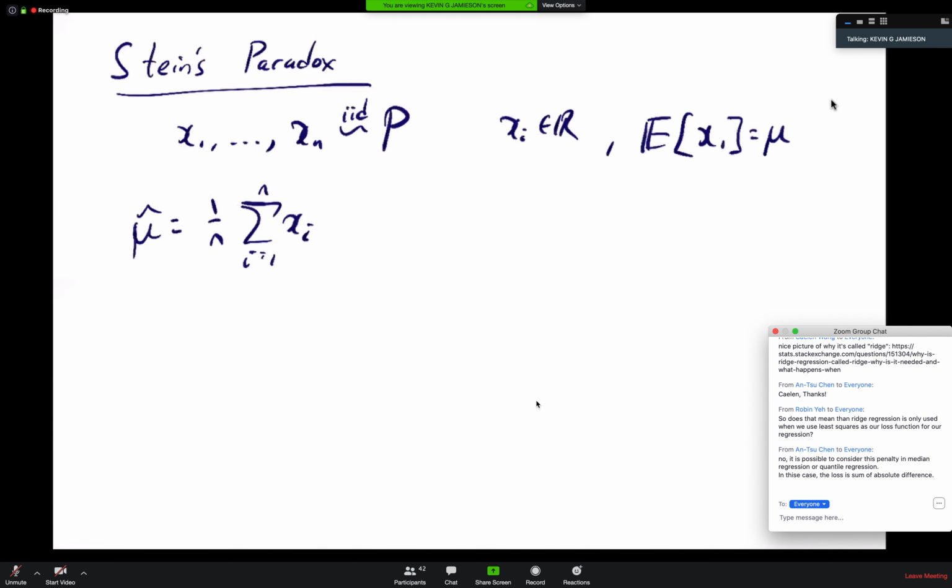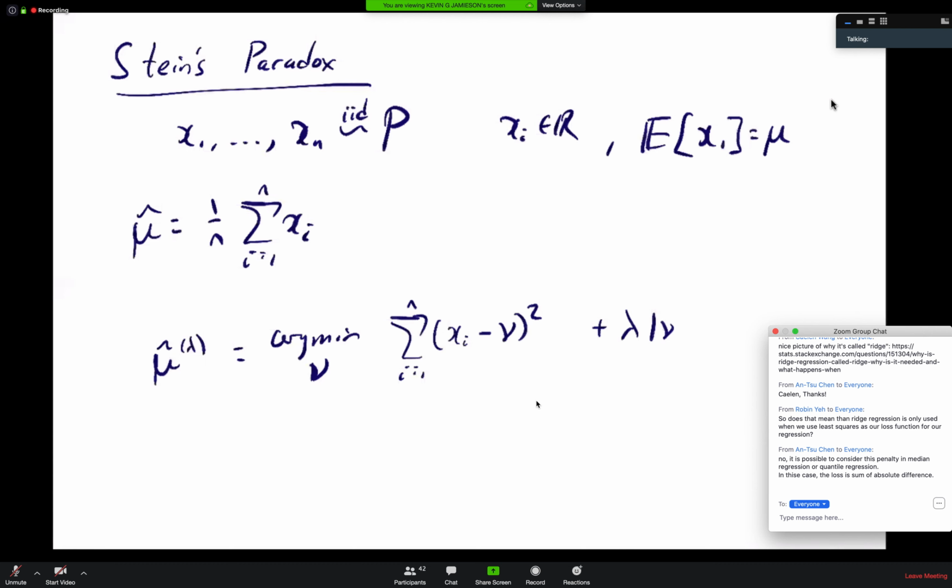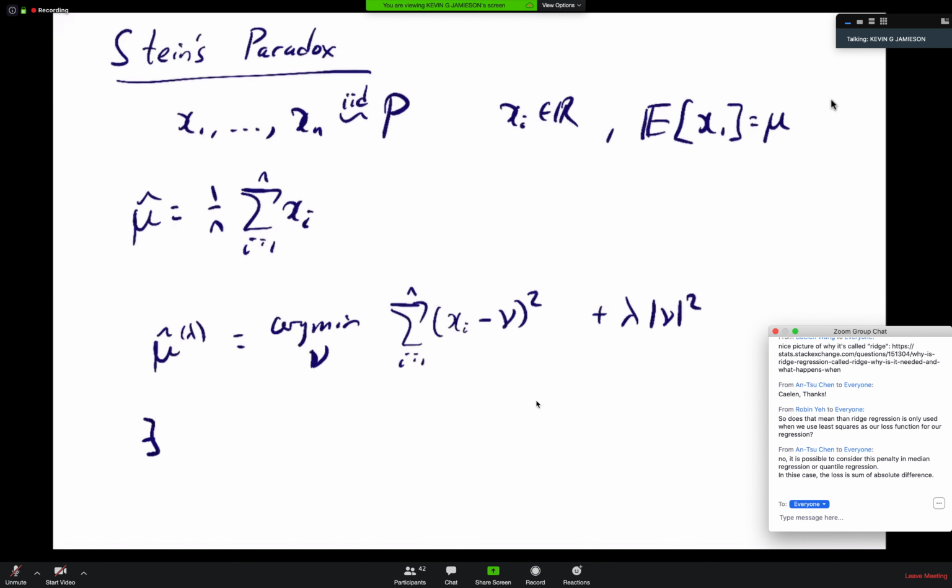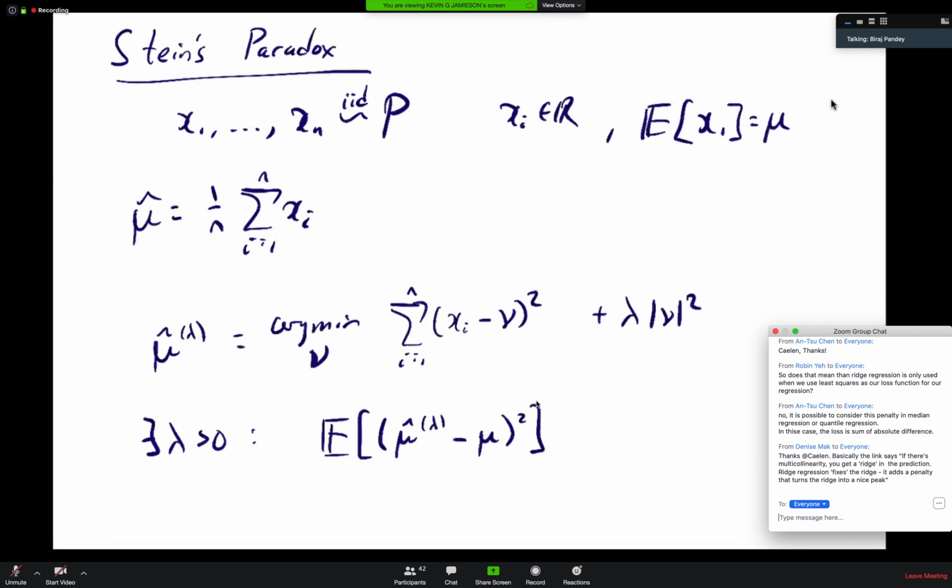But what's really bizarre is that if you have mu hat lambda, defined as follows, and you solve this problem, then there exists a lambda greater than 0 such that the expected error of mu hat lambda minus mu is always strictly less than the expected value of mu hat minus mu squared.